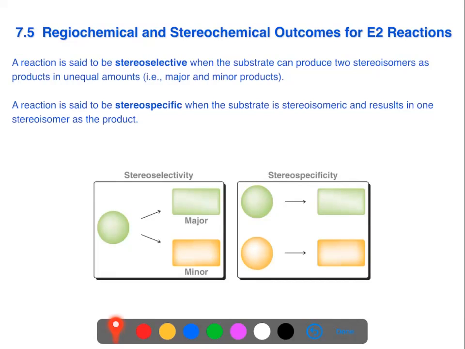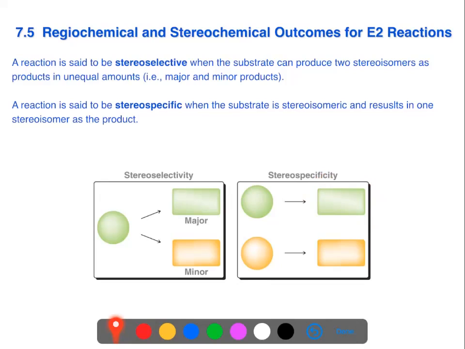However, a reaction is said to be stereospecific when the substrate is stereoisomeric and results in one stereoisomer as the product. We saw this in our last example with the SN2 reaction, that it is a stereospecific reaction, and that depending on the stereochemistry of the reactant, the substrate, we will observe a particular stereochemistry of the product.